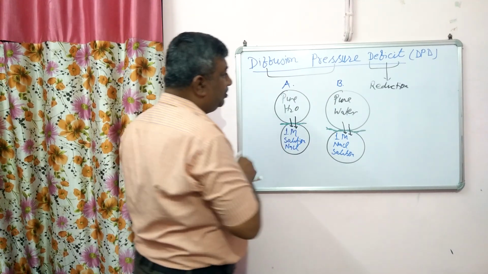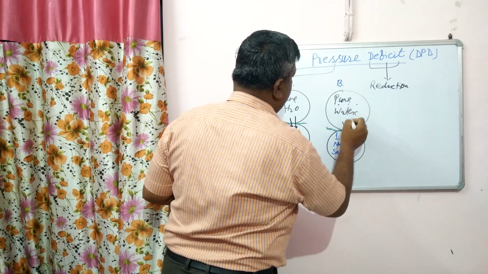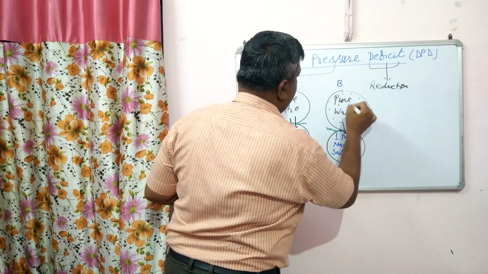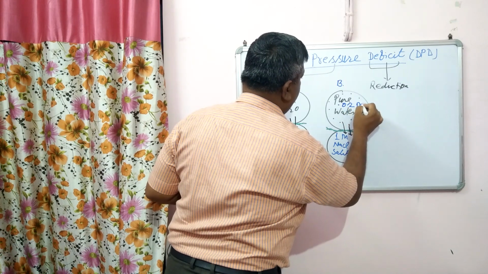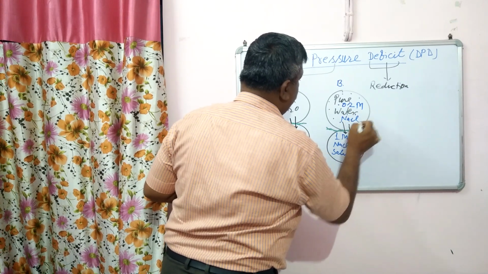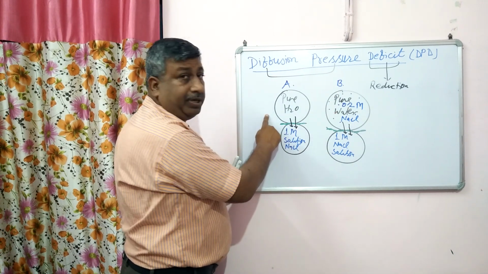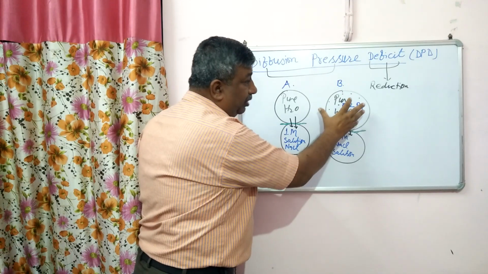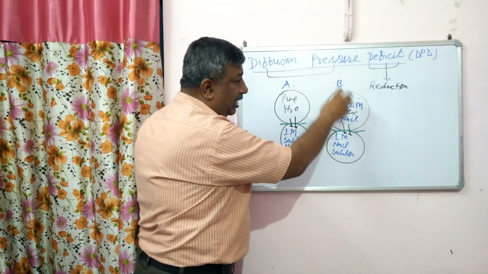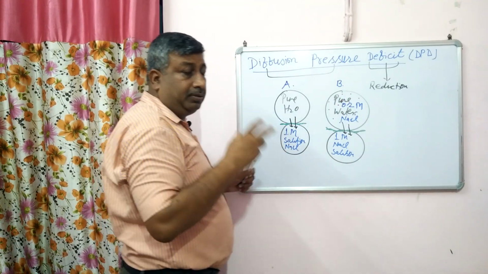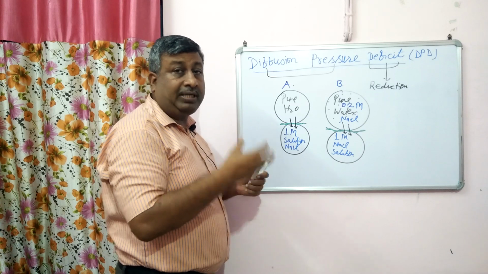Now we are adding some salt. Suppose in this we are adding 0.2 mole NaCl. Now the diffusion pressure will decrease as compared to this A cell because some osmotic pressure is also maintained. So we are adding some salt, so the capacity of free movement of water is reduced.